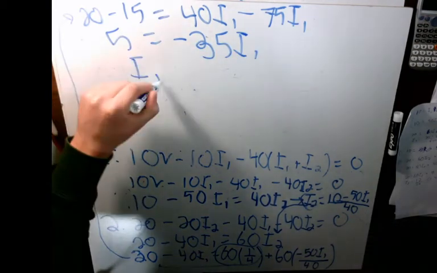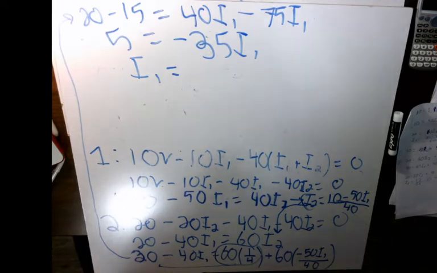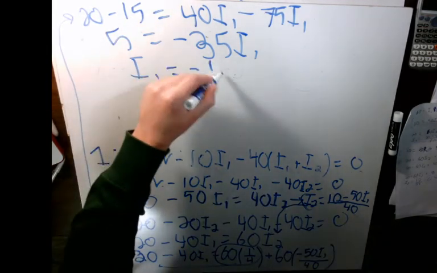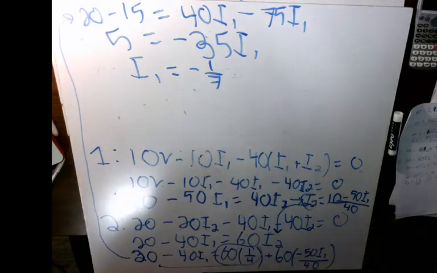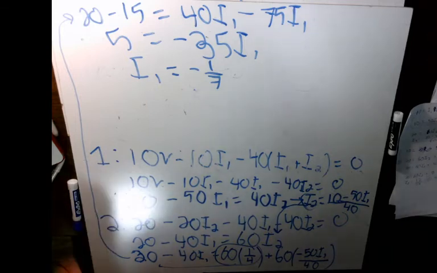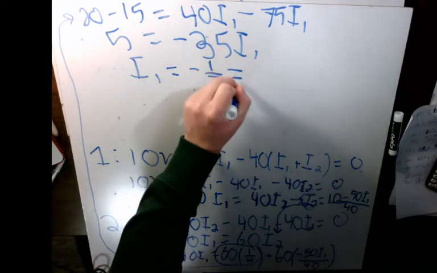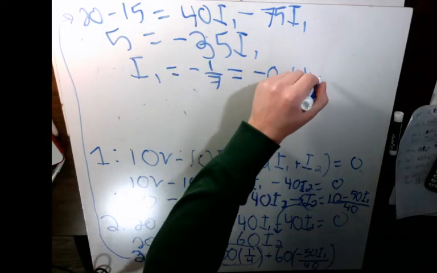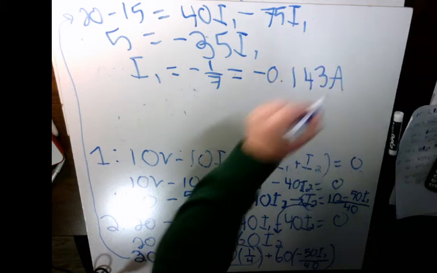And I1 is equal to negative 1 over 7. 5 divided by negative 35 is negative 1 over 7, and as a decimal, negative 0.143 amps.